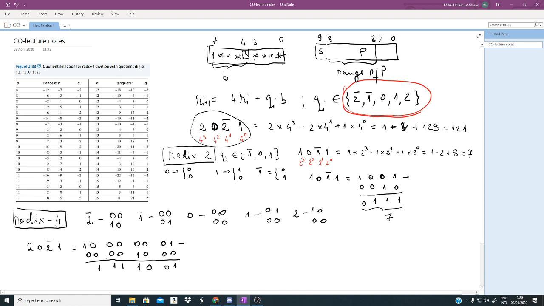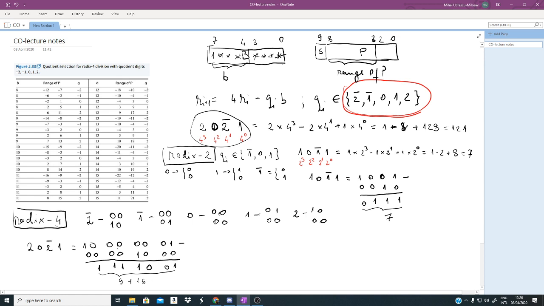And what is this thing? So it's 1 plus 8, that's 9, plus 16, plus 32. Actually, it's simpler if you consider how many bits I have here: 1, 2, 3, 4, 5, 6, 7.